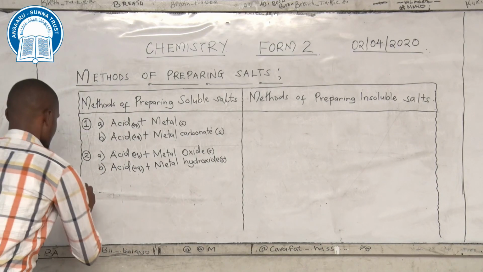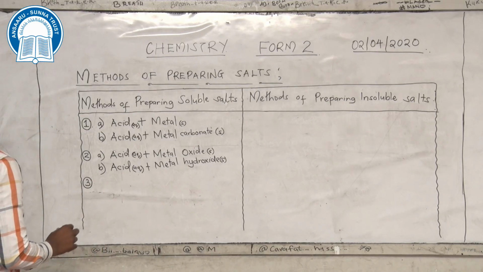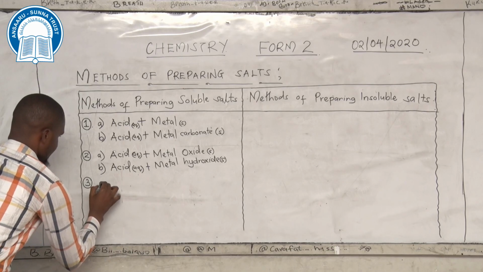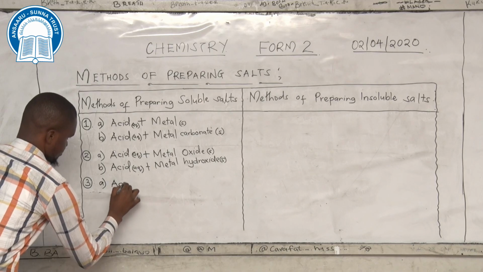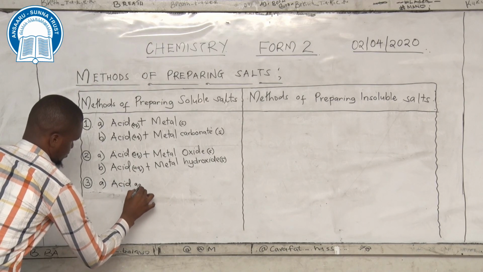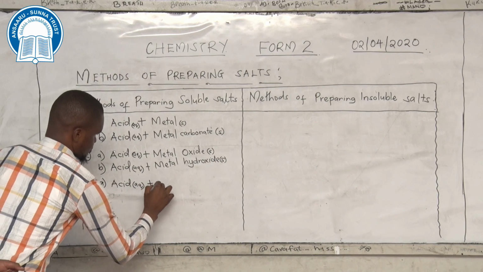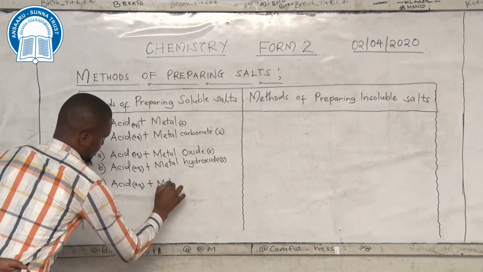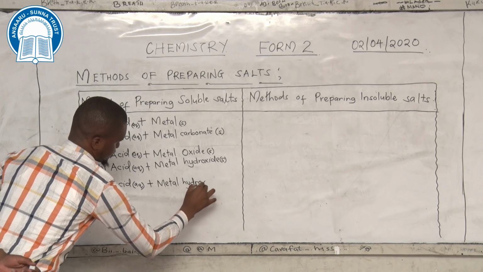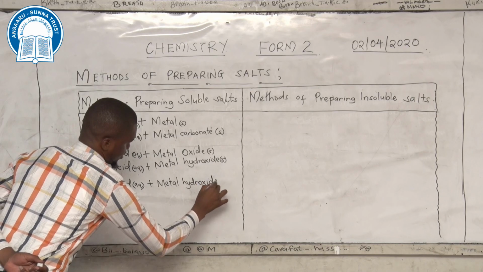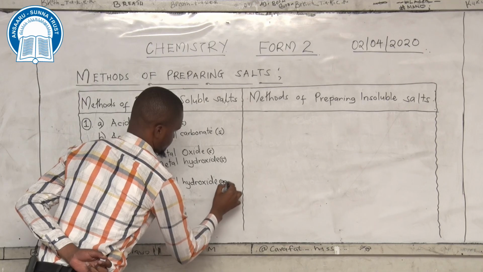Then we'll jump to category number 3. Again, we have the first one, still an aqueous acid, but this aqueous acid reacts with a metal hydroxide. But this time round, the metal hydroxide is not a solid, but an aqueous solution.